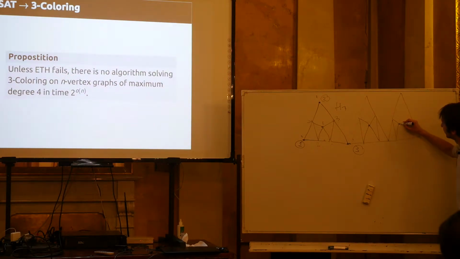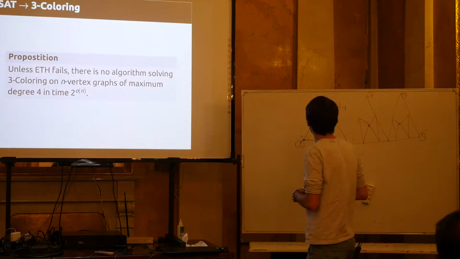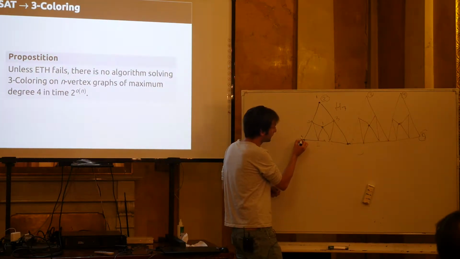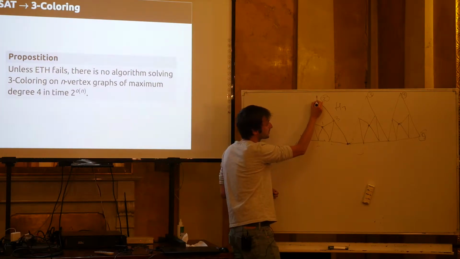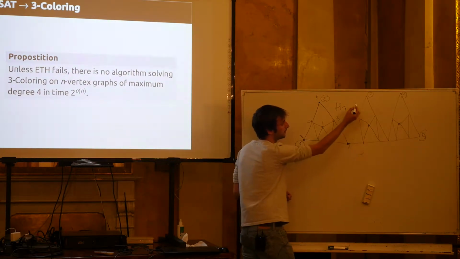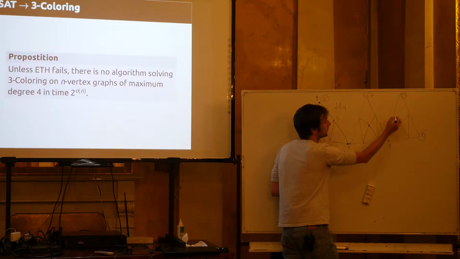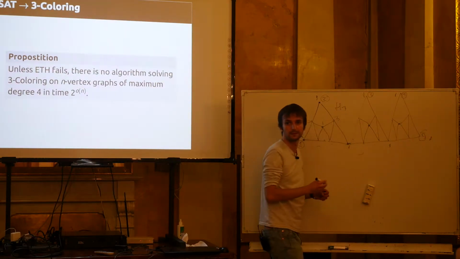So in case of higher degree, I just combine a bunch of such gadgets. And again, I have sockets here, 1, 2, 3, 4, 5. And I have the same guarantee again. If this is colored 1, we already saw this is 1, this is 1. Then by the same argument, this is 1, this is 1, this is 1, this is 1.